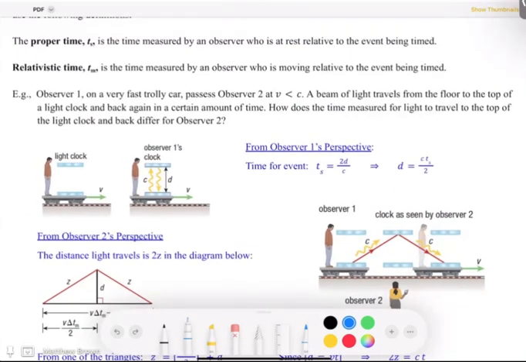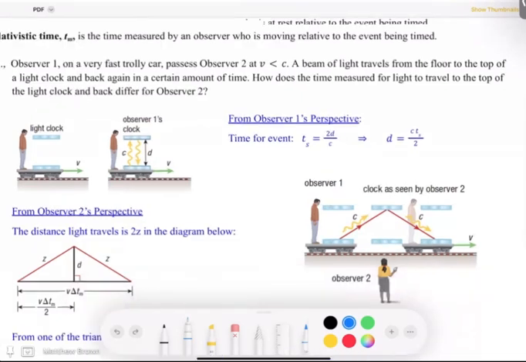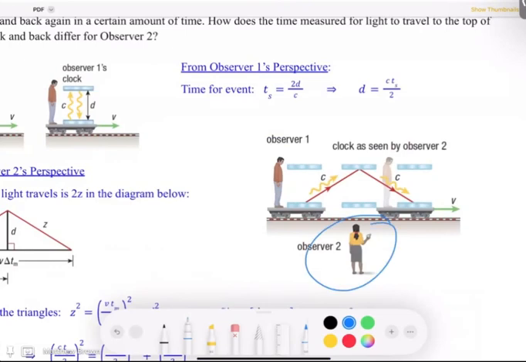Since they both see this event happen and both see light move at the speed of light, that's going to change how long observer 2 says this takes. They see the same thing happen in some sense, light going from the floor to the ceiling and back down, but they're going to disagree on how long it takes.